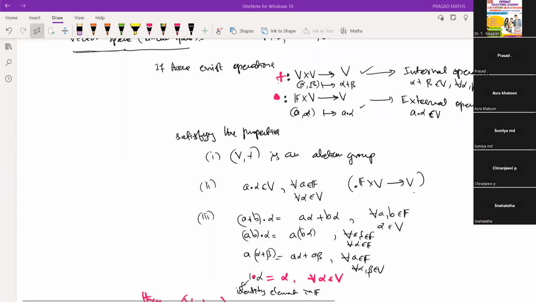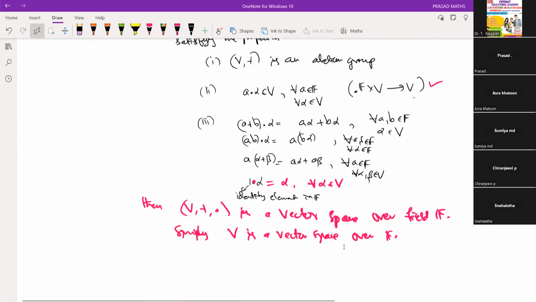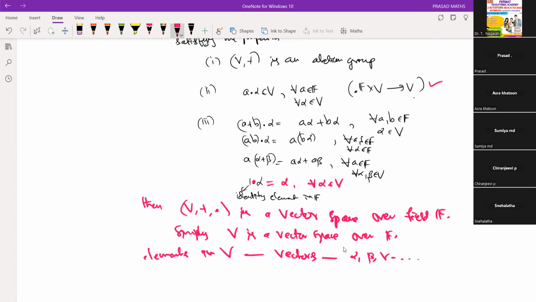With respect to the first operation, V is an abelian group. With respect to the second one, it satisfies the scalar multiplication property, and the third one holds. Then one can say that V is a vector space. The elements coming from V are nothing but vectors, which are denoted by letters in general.